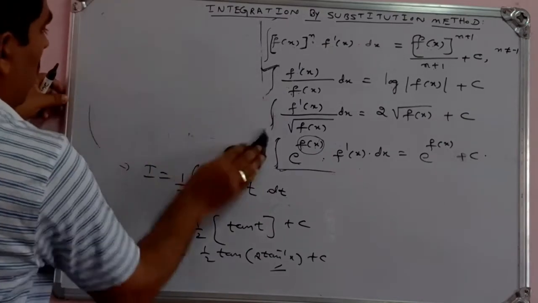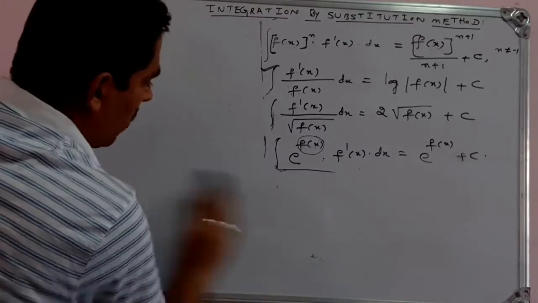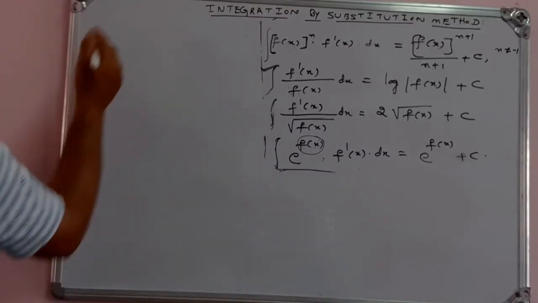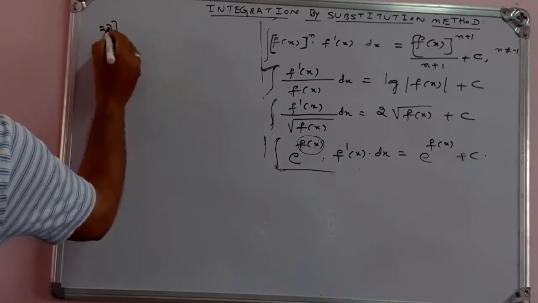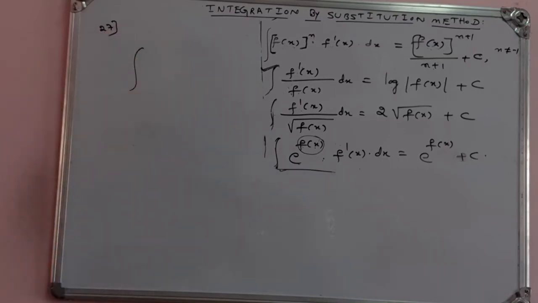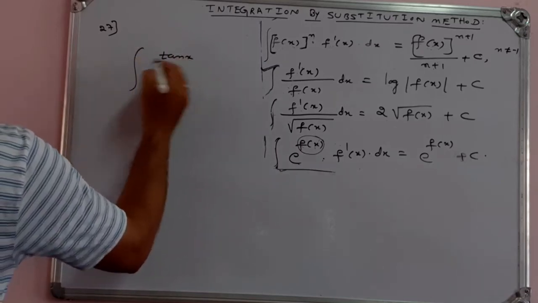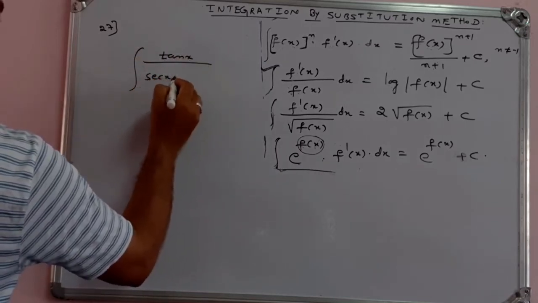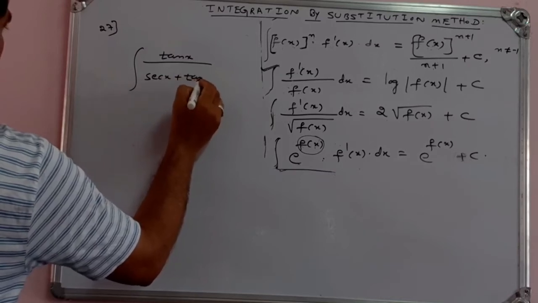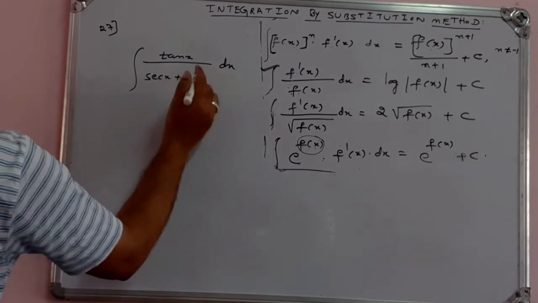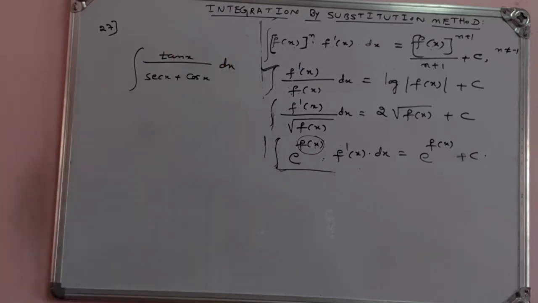Then let me consider another, 27. Integration of tan x divided by secant x plus cos x. Observe this.